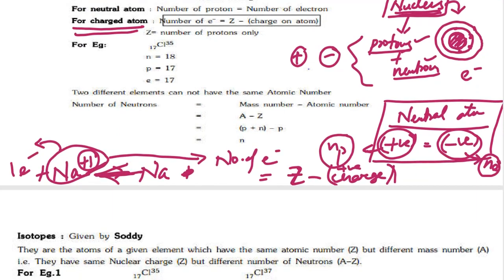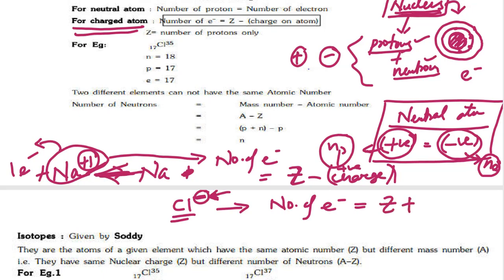Suppose we have another element with a negative charge, Cl minus. If you want to calculate the total number of electrons, how many will it be? Minus means it has acquired an electron from another element. One extra electron has come. So the number of electrons will be what was originally the number of protons in the neutral atom, which is Z, plus 1, because one electron has come from outside. So what is the atomic number Z of chlorine? Chlorine has atomic number 17.